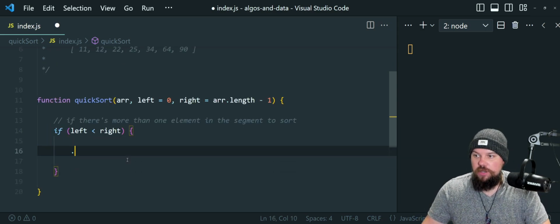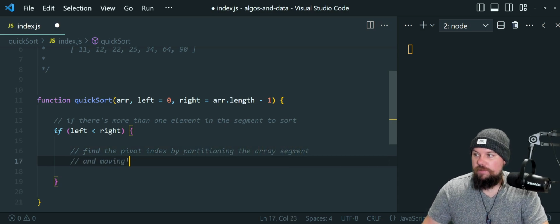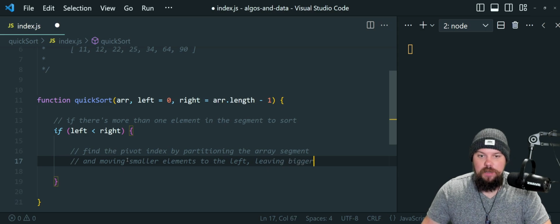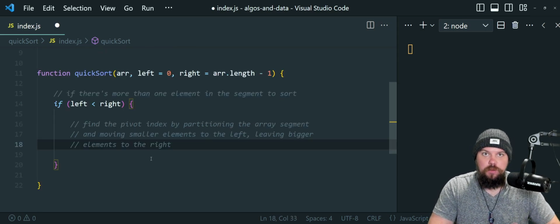From here, what we need to do is find a pivot, or find the pivot index by partitioning the array segment and moving smaller elements to the left, leaving bigger elements to the right, right? So in our case, we're only swapping smaller elements to the left-hand side of our pivot.